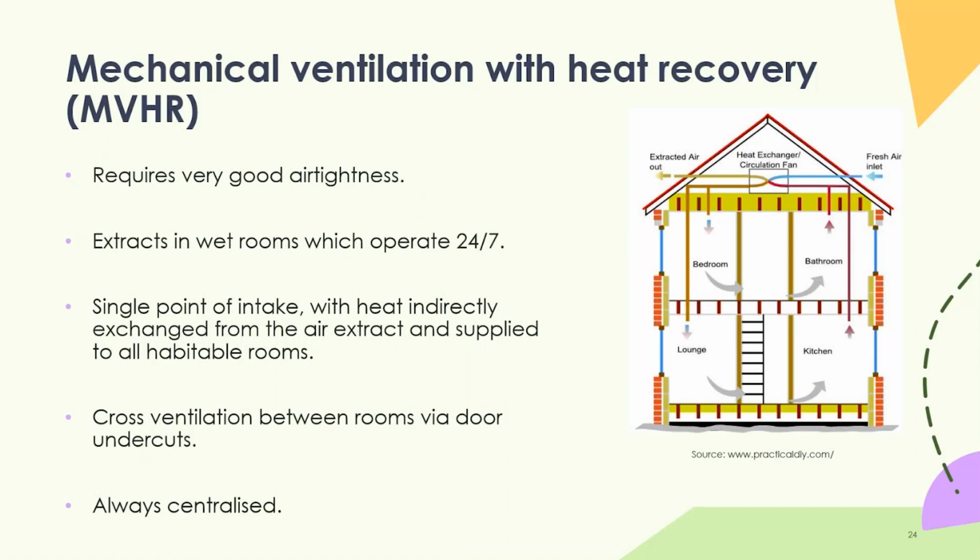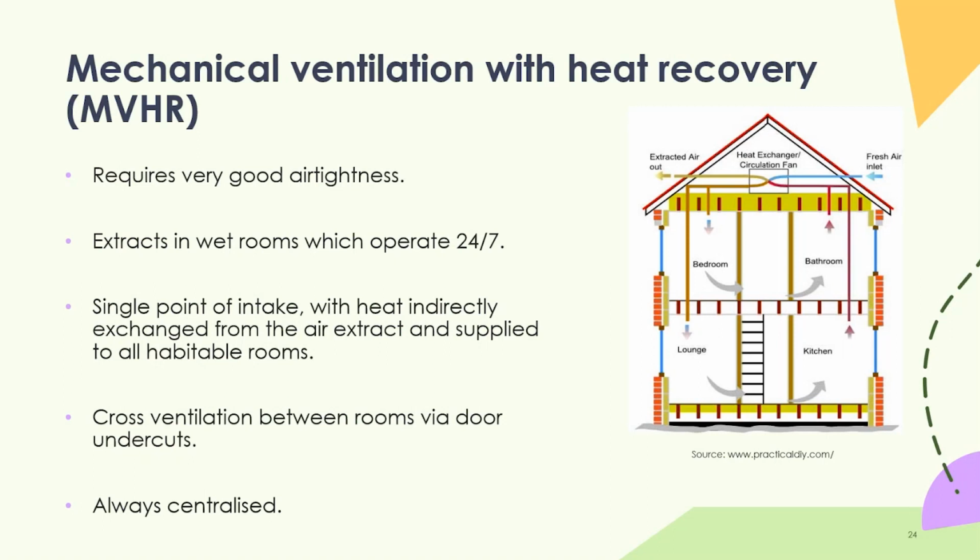So what you don't want is fresh air coming in through leaks in the building. So the principle of it is that it has a single unit, a single heat exchanger with ductwork, providing fresh air to the living rooms and extracting from kitchens and bathrooms.